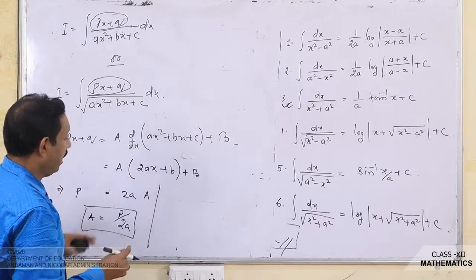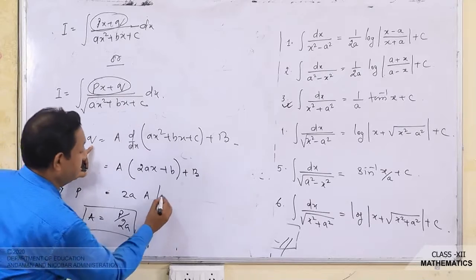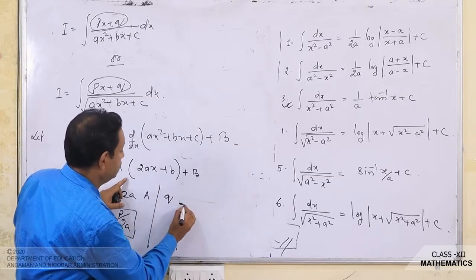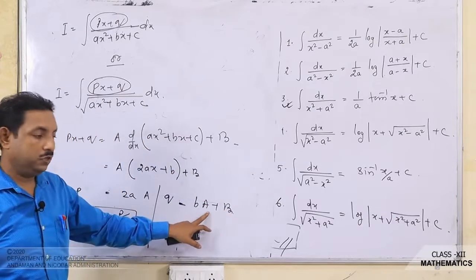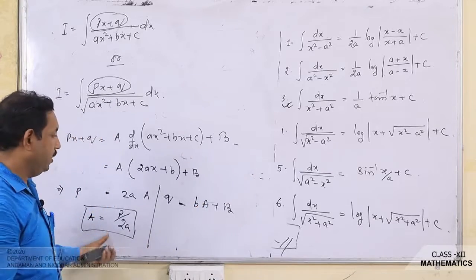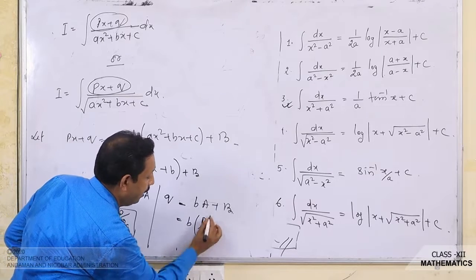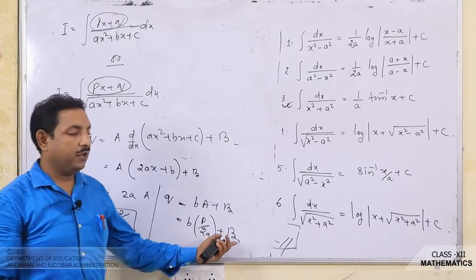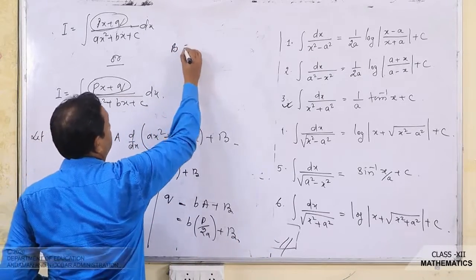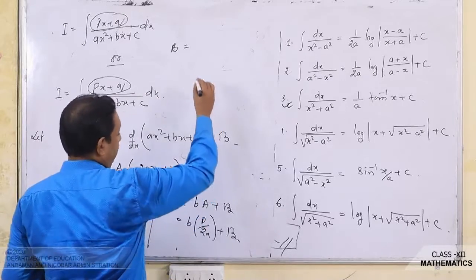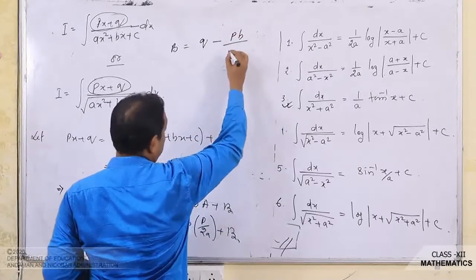Similarly, here now I compare the coefficients of the constant terms. So, the constant term will be q, and that is equal to a plus b. I can substitute this a from here. So, this will give you b plus p by 2a, and from here we can calculate b also, that is, b will be q minus pb upon 2a.